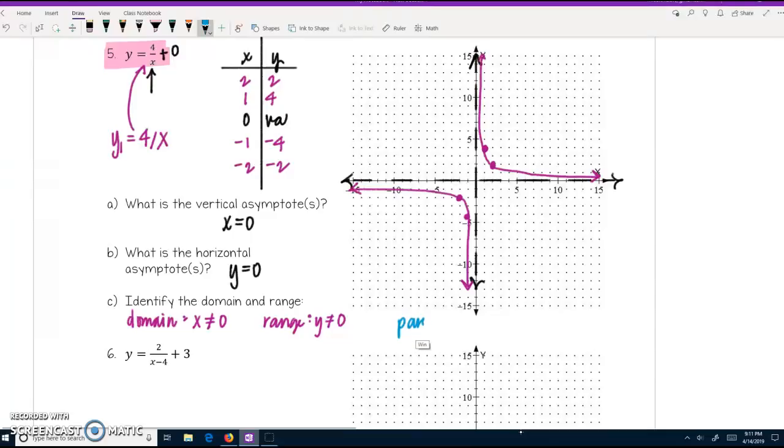So the parent function is 1 over x. So this graph has a vertical stretch, which essentially means that the slope of the graph is steeper than it would be on our parent function 1 over x. So like this area is getting larger faster than we would expect to see with the parent function.